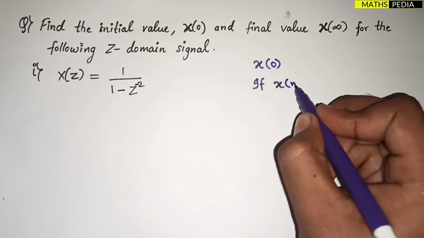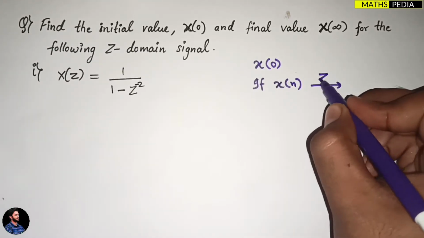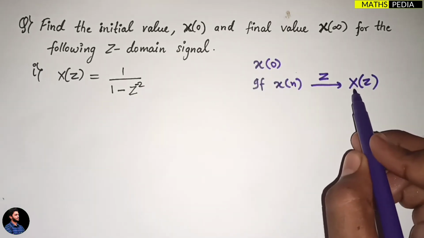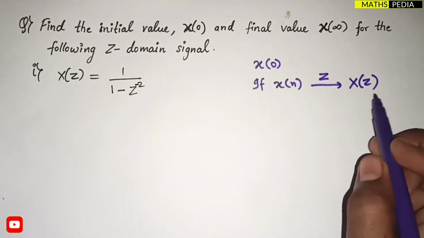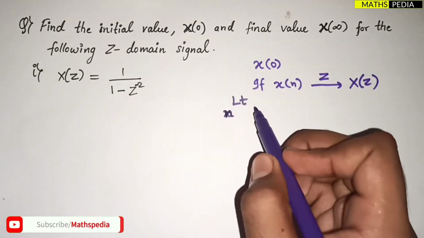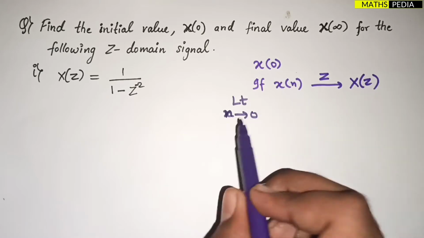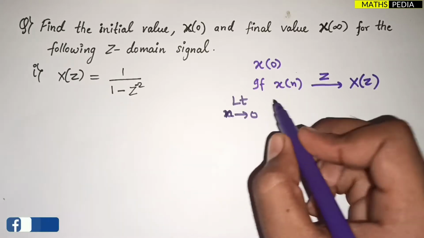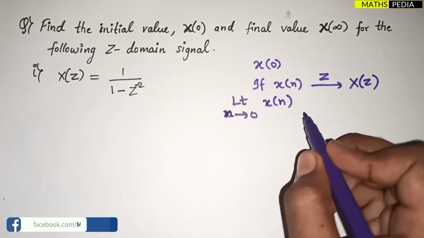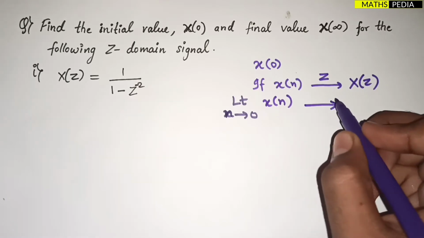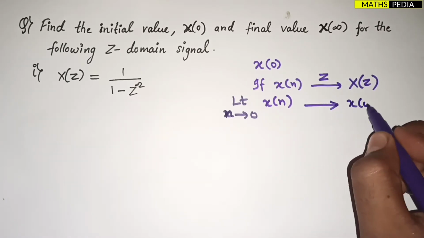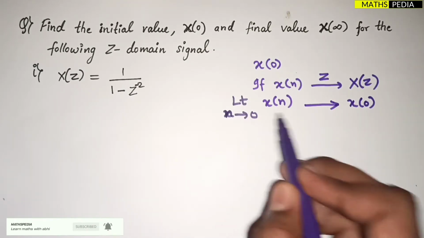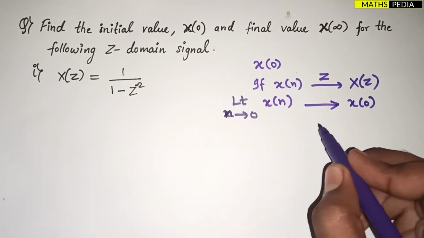If x of n is a signal, and I want to find the z transform, it will be X of z. You see, this is small x, this is capital X. So x of n's z transform will be X of z. When I apply limit n tends to 0, since I am first talking about the initial value theorem, limit n tends to 0 of x of n is nothing but x of 0, putting n value as 0.